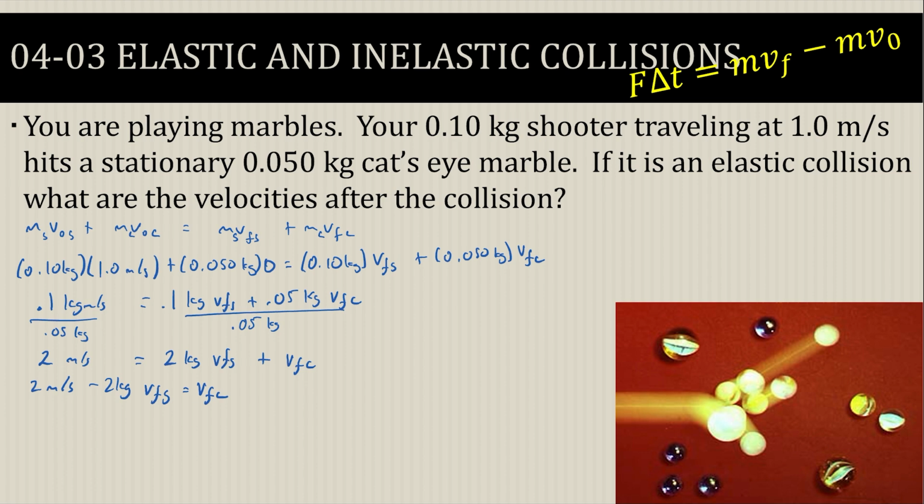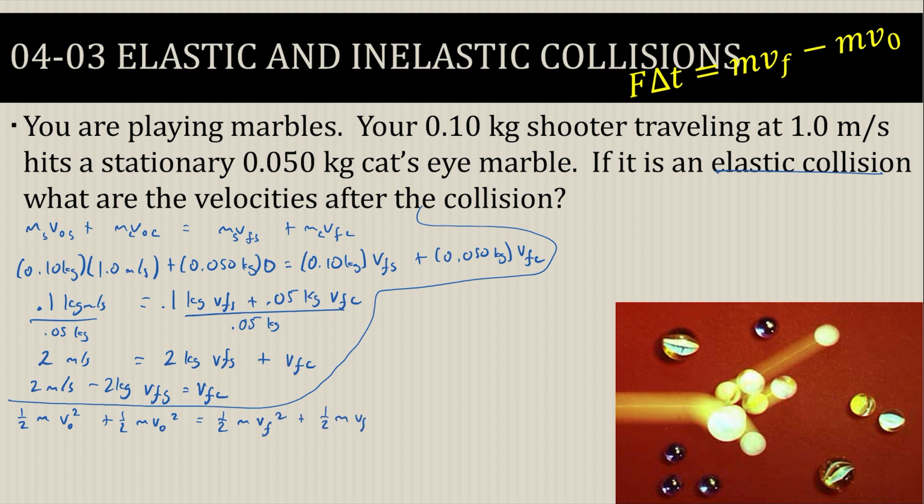All right, my other equation. Since it's elastic, kinetic energy is conserved, so that'd be 1/2 mv squared plus 1/2 mv squared equals 1/2 mv squared plus 1/2 mv squared. So my shooter and the cat's eye.